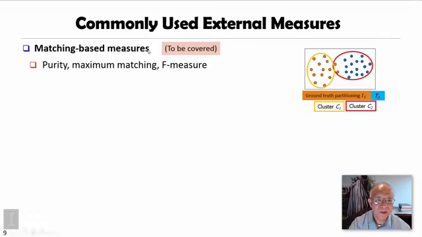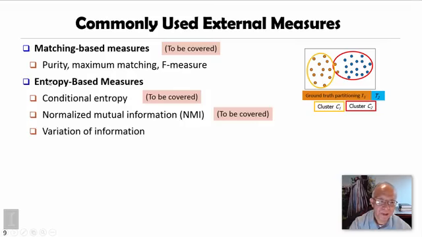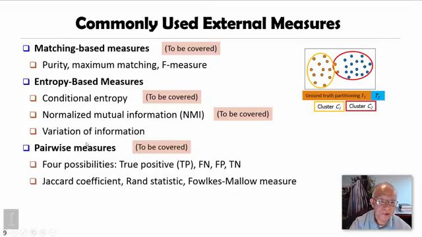The first kind of measure we call matching-based measures. We have several measures like purity, maximum matching, or F-measure. Another kind of measure is called entropy-based measures. There are conditional entropy, normalized mutual information, NMI, or variation of information. The third kind of measures is called pairwise measures.